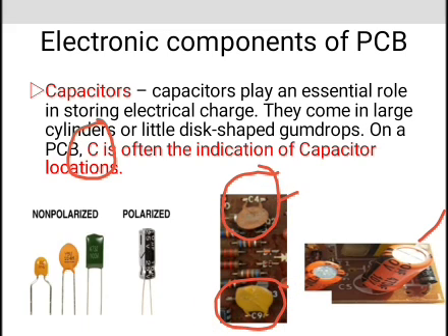Here C9 I think. So, in this board C5. So these two are non-polarized. This one is the electrolytic capacitor. It's a polarized capacitor. So if there is more than one capacitor, they will be labeled as C1, C2, C3 like that.